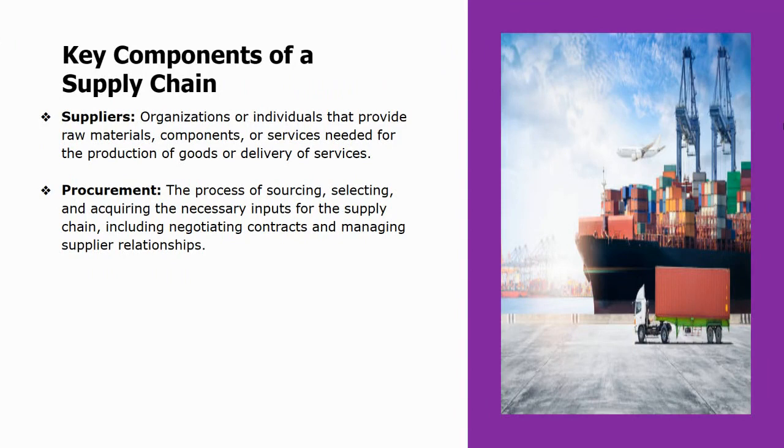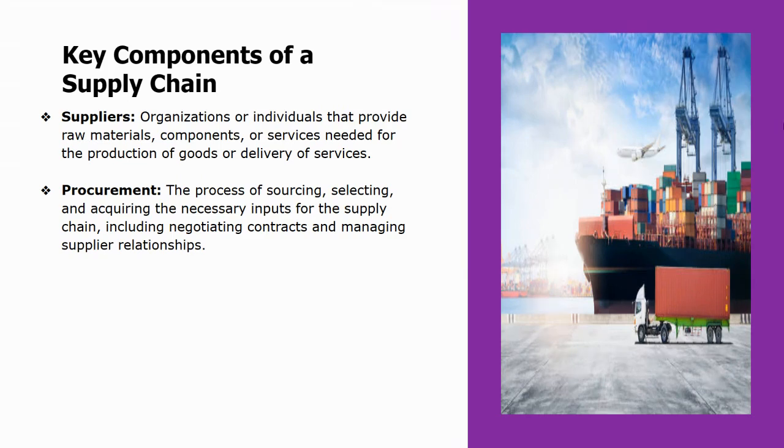Negotiating contracts is also part of procurement. As we do sourcing, select the vendor, and acquire the goods, we also negotiate in terms of pricing, quality standards, delivery and all that. So we negotiate with suppliers on what we need.